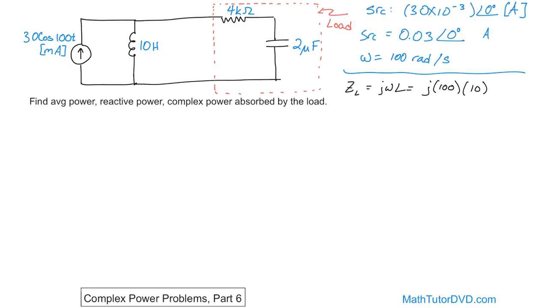So the impedance of the inductor is j1000 ohms. I'm going to mark that on the problem here, just writing it down so that we can reference it as we go on.